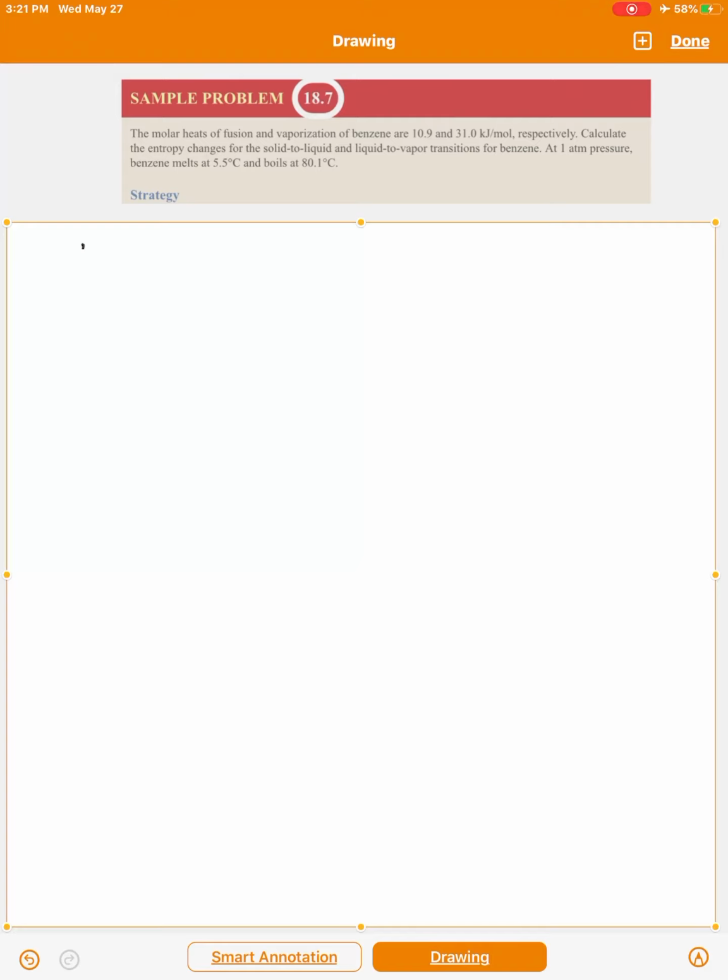So benzene has the chemical formula C6H6. And we're going to look at fusion first. So the fusion is essentially the process, the reverse of the process of melting.